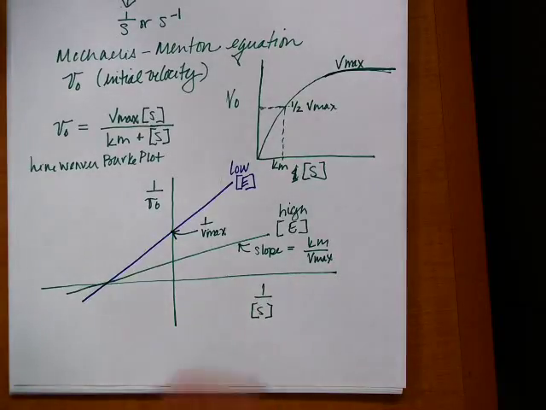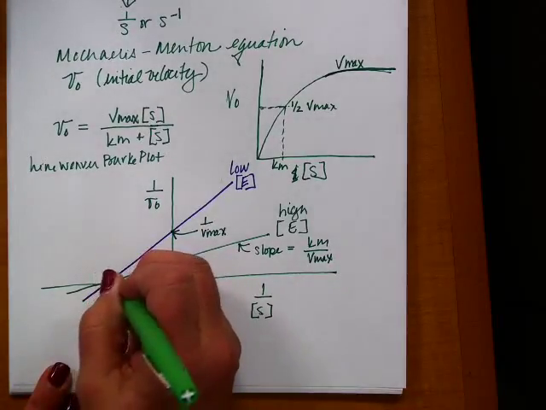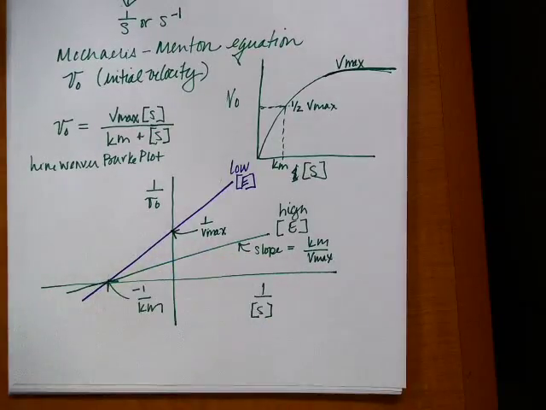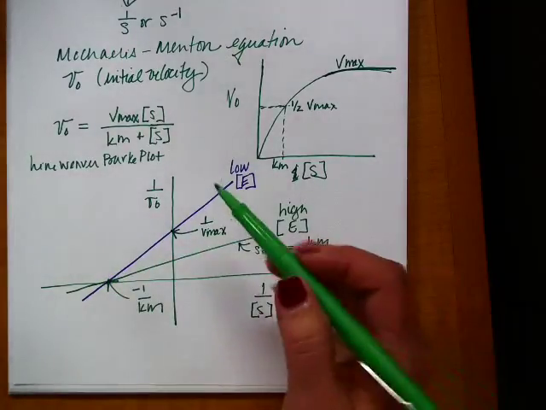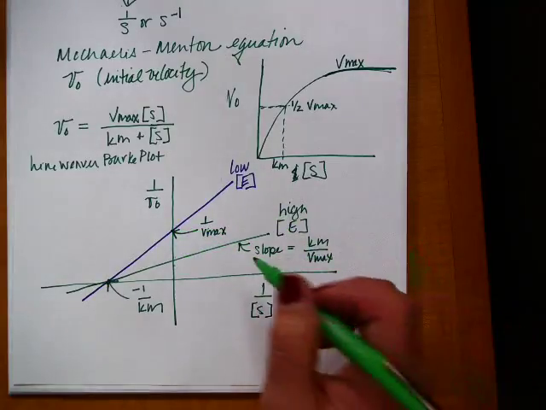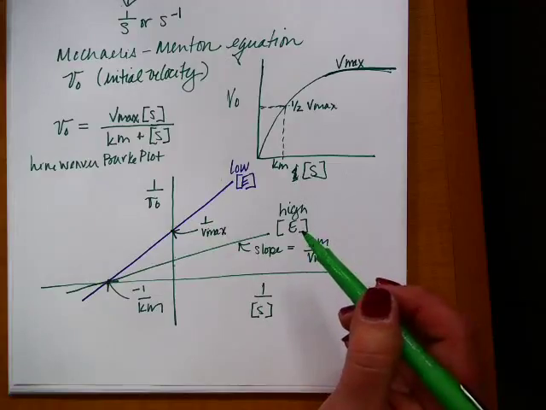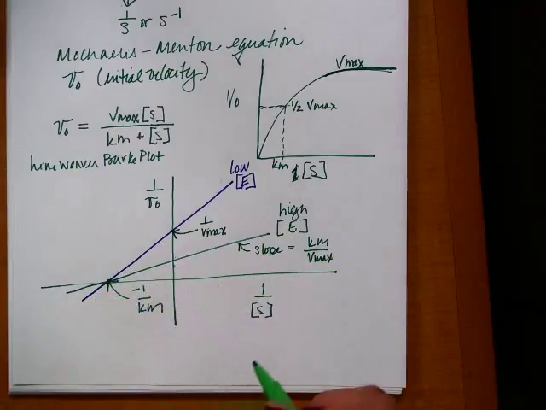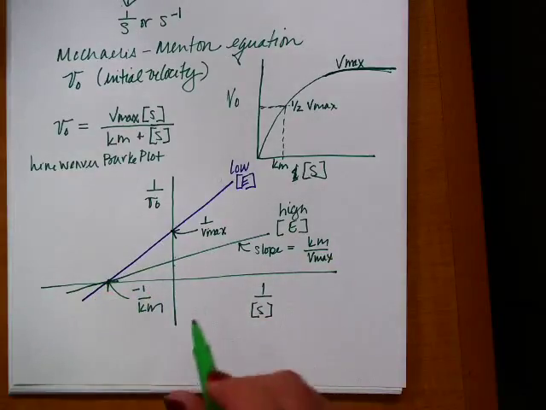I'll label those for you. And this is negative 1 over the Km. So you'll see that Vmax is affected by enzyme concentration. Obviously the slope is influenced by enzyme concentration, but not the Km. The Km is always constant, because it's specific to that enzyme.